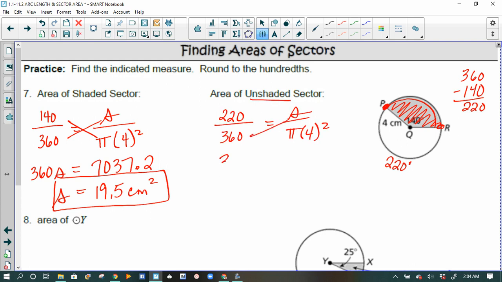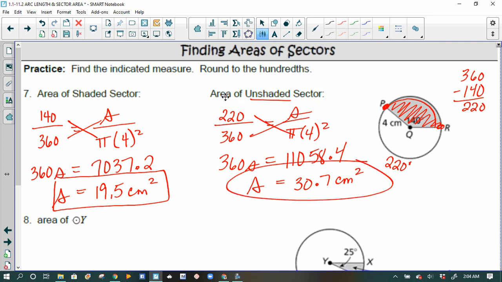Cross multiply, cross multiply. 220 times 16 pi. 11058.4 divided by 360, 30.7. That is centimeters squared. Do not forget, when you're looking for area, your units will always be squared.